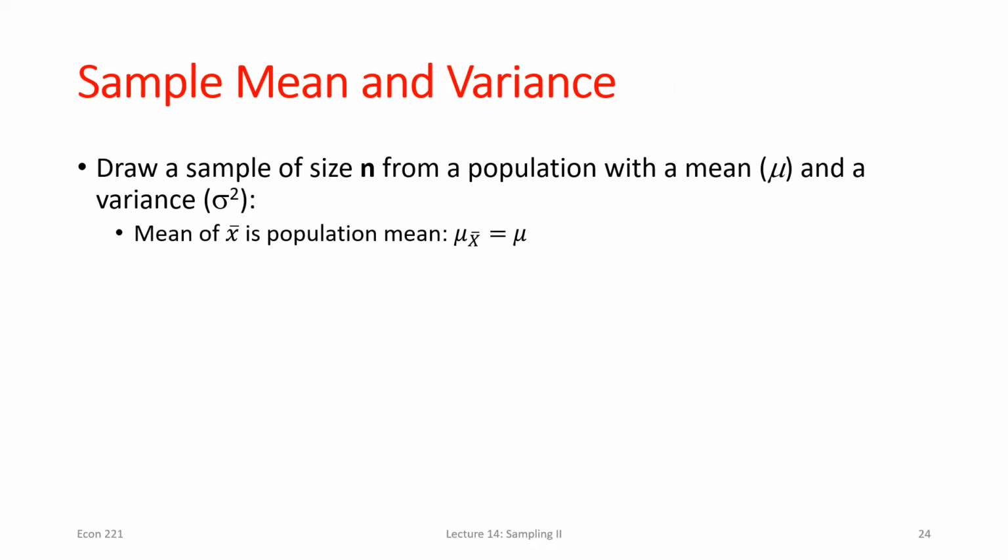What's going to end up being true, as long as we have one condition met, is that my sample means will also be normally distributed. The mean of those sample means, remember I was talking about taking 1,000 different samples, calculating the sample mean, and putting that in a column of data, will be exactly equal to the mean of the data that I sampled from.